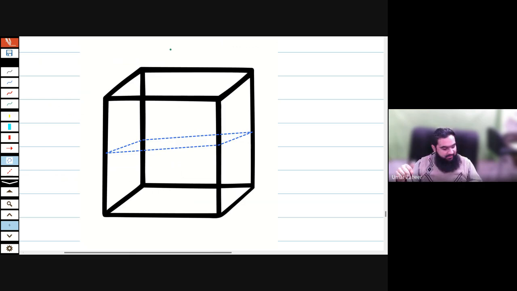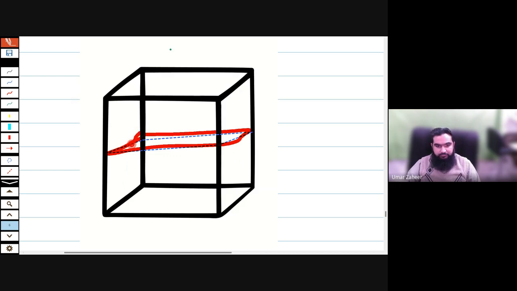This plane divides this shape into two identical shapes, the upper part and the lower part. The upper part becomes a cuboid and the lower part is also a cuboid, and they are exactly the same. So this plane divides this shape into two equal parts, which means this is a plane of symmetry.